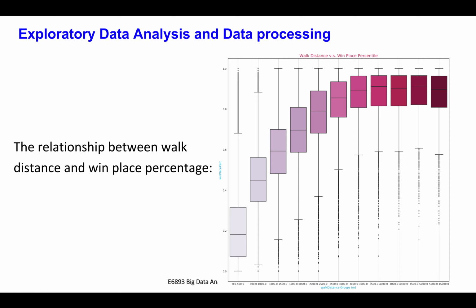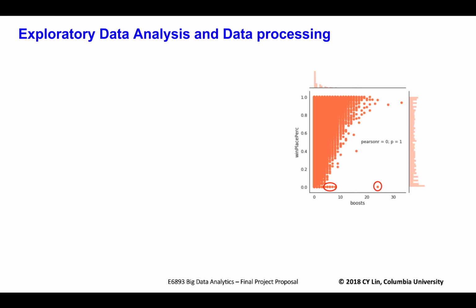From this plot, you can see the correlation between the walk distance and win place percentage. From the beginning, the win place percentage increases drastically with the increase of the walk distance, and then it becomes flat. And here's the correlation between win place percentage and the boosts, and we discover some very strange dots, and we wondered why these dots happen.